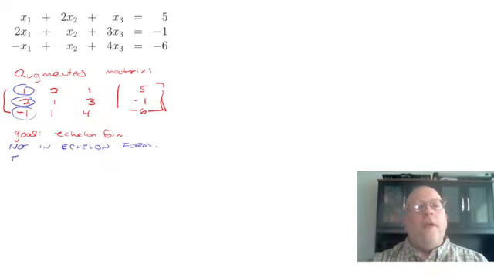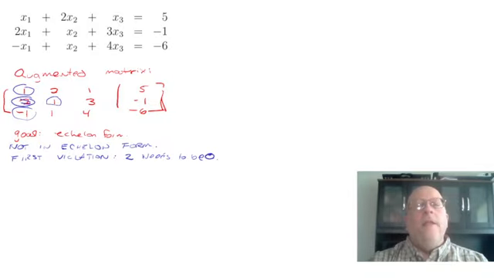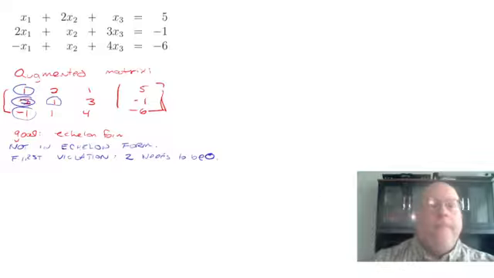And the first violation is that the 2 needs to be a 0. I need to make this 2 into a 0 so the leading entry will be on the right-hand side of the previous leading entry.